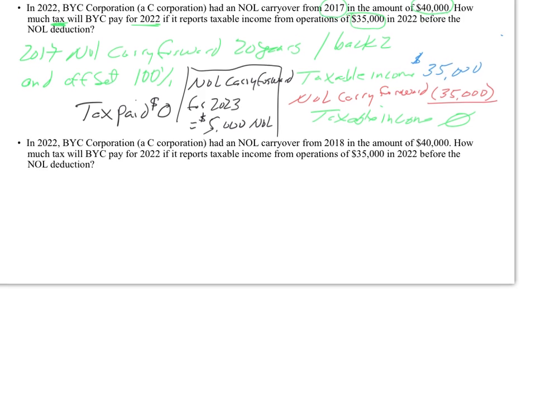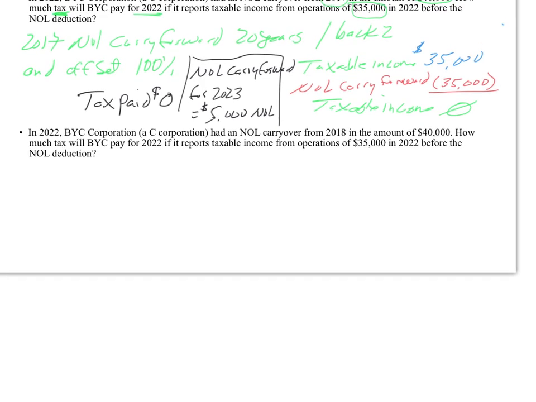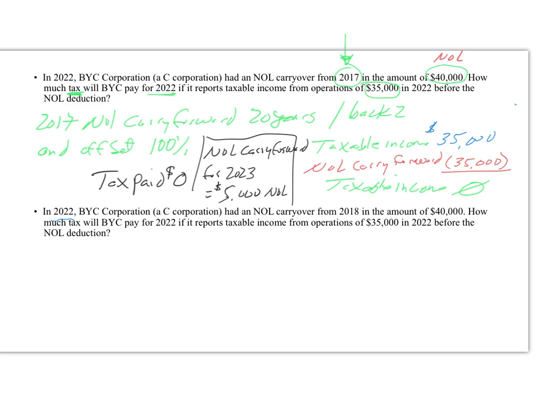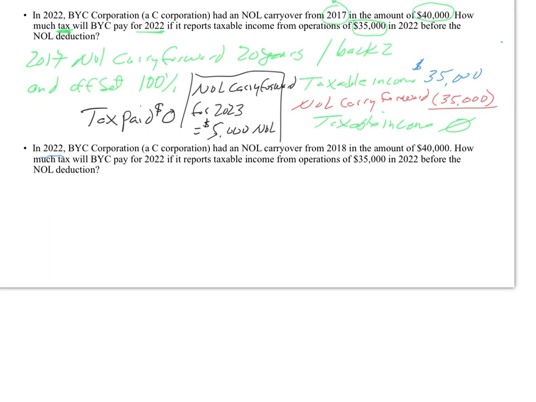Now, we're going to look at the second of these questions, and it's very similar to the first. We've just changed some dates. Okay? So, again, in 2022, BYC Corporation has an NOL carryover, but now, remember in our previous problem, it was 2017. Now it's 2018 in the amount of $40,000.